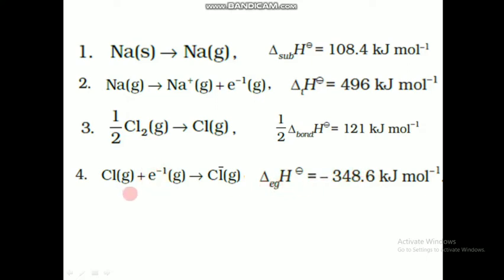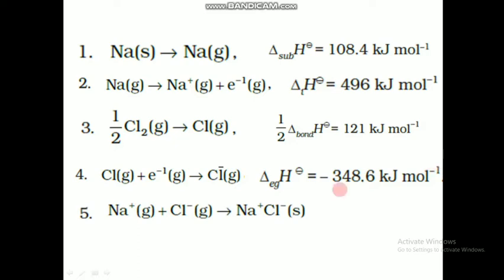When the electron is accepted, energy is released. In all the earlier cases, energy was absorbed; in this case, it's a negative value. So energy is released. It's an exothermic process of 348.6 kilojoules per mole.